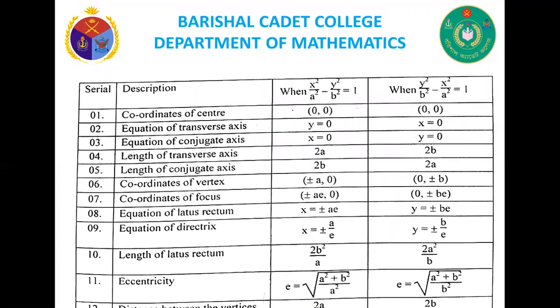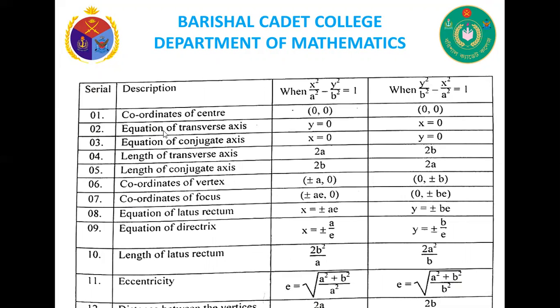Let's start. First of all, what is the coordinate of the center? Cadets, first of all, you have to know the standard form of the hyperbola. The standard form of the equation of a hyperbola is x squared divided by a squared minus y squared divided by b squared equal to 1, or y squared divided by b squared minus x squared divided by a squared equal to 1.